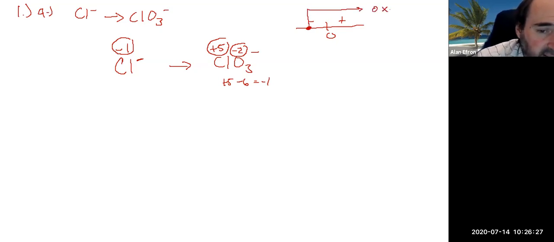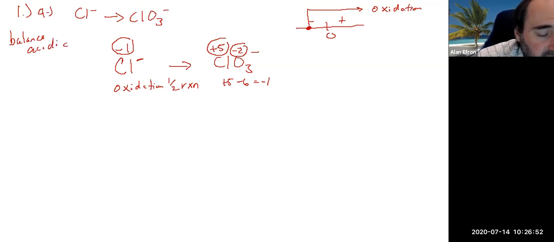And again, going in that direction, that is an oxidation that's occurring, which means that this thing is an oxidation half reaction. Any questions on that? Now, the last thing that you're going to do is you're going to balance this in acidic conditions.